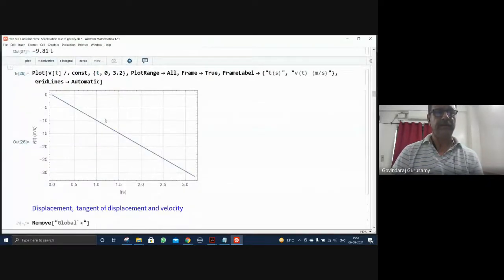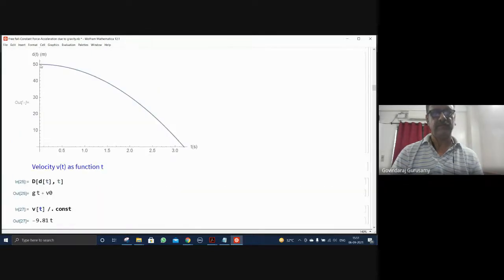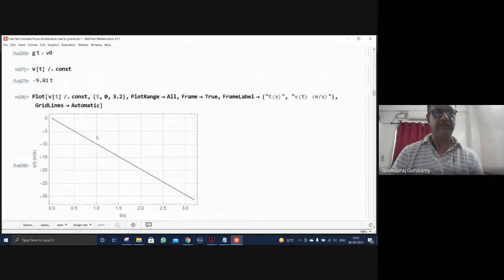Now we have a plot that has been made here for the velocity. For this curve, there is going to be a slope at every point. This happens to be a straight line with a particular slope. What does a particular slope imply?